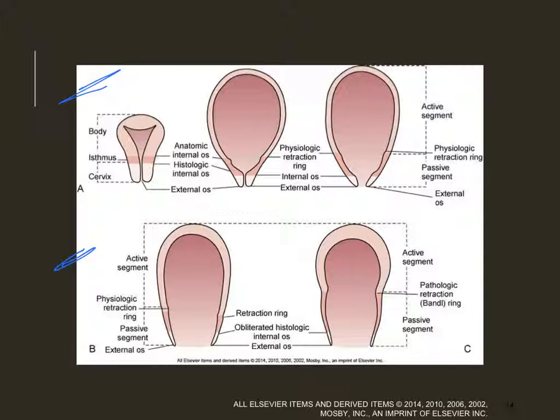So primary powers are responsible for effacement and dilation of the cervix, which ends up playing an important role in the birth of the baby. Effacement is that shortening and thinning of the cervix.